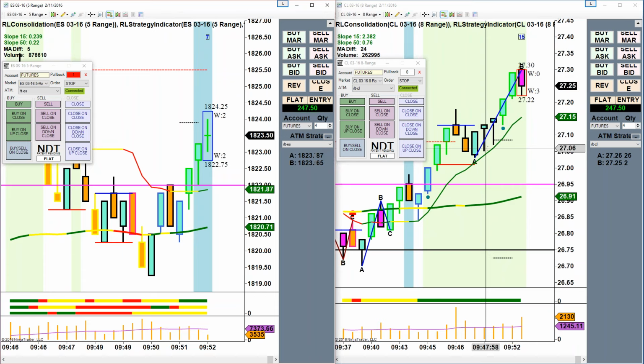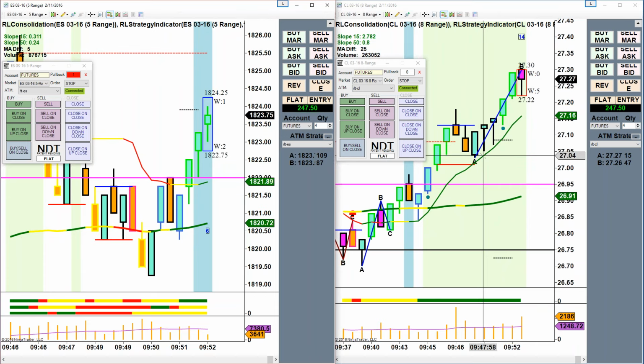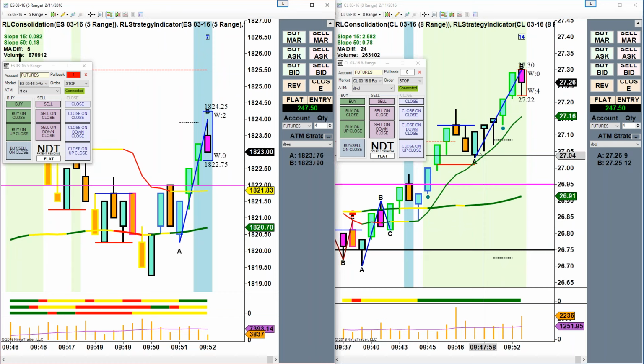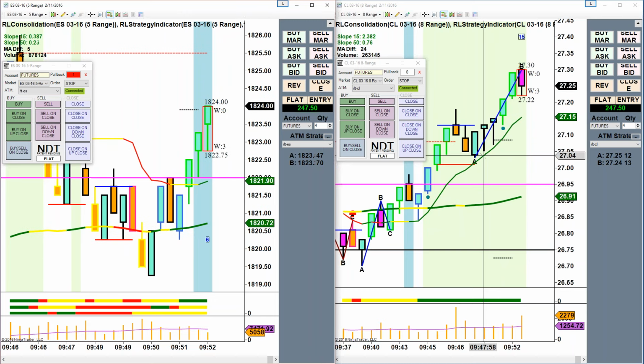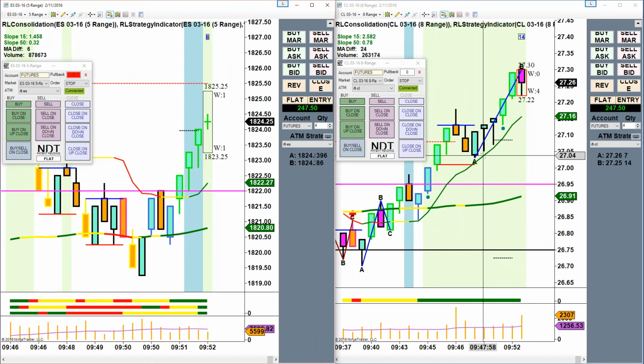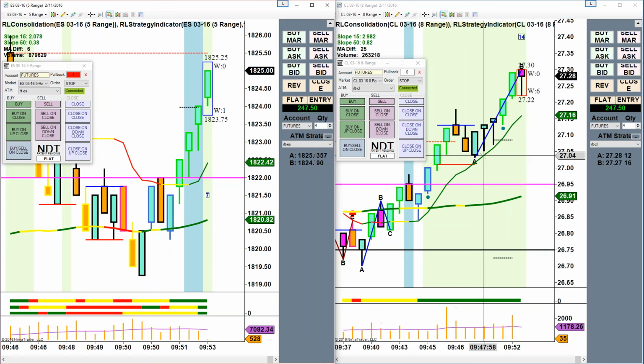And it just came one tick from getting a reversal candle and then eventually just pushed up. Now there goes the E-mini through a yellow 15. MA diff on crude is 26, 25.